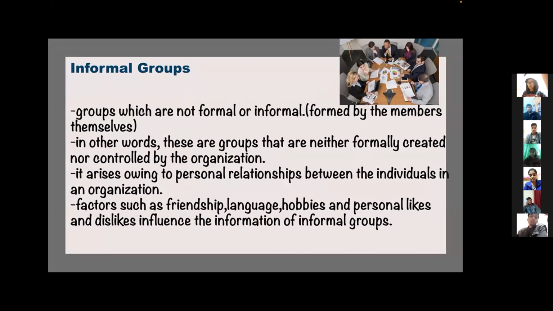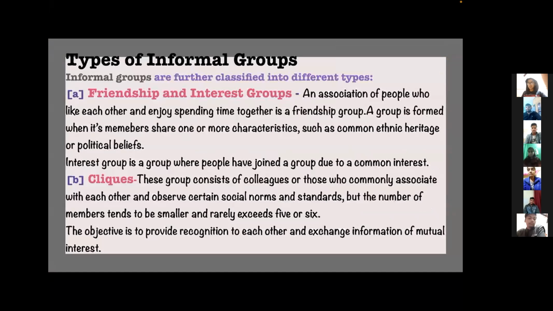First, friendship and interest groups. The friendship group is formed when team members have the same thoughts, beliefs, or any characteristics, whereas an interest group is a group where people have joined due to a common interest. It can be positive or negative, like some employees form a group and pressurize the management for subsidized transport. So these groups have a common interest, that is subsidized transport.